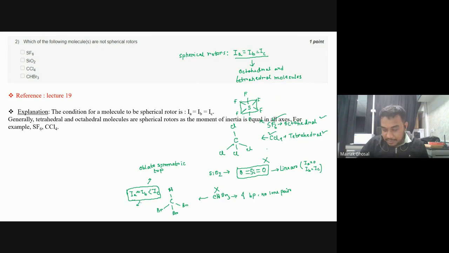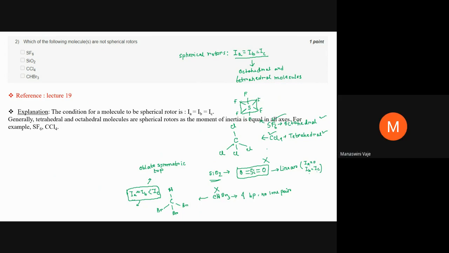Can you guess which kind of molecule SiO2 is? Just recall it. IB is equal to IC, that means they have some values for IB and IC, but IA is 0.